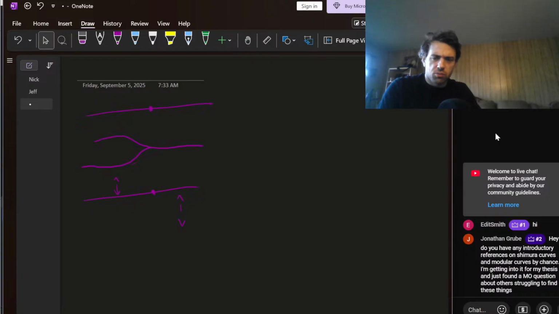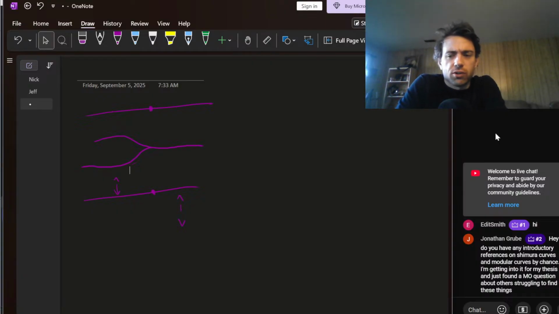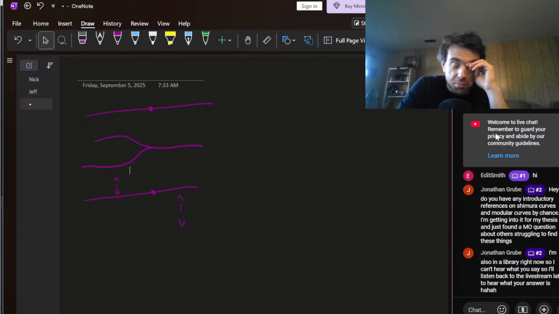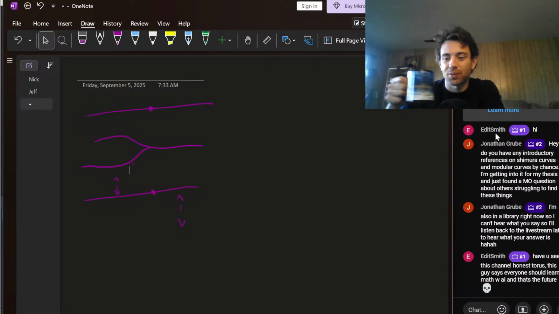My master's thesis was technically, I wrote some stuff about connections to Shimura varieties in the introduction, but I never personally learned that much about it. It was always floating in the background, and I just put what my professor told me. He said, oh yeah, this is connected to Shimura varieties somehow, and that's why this is important. I'm like, oh, okay, I'll take your word for it.